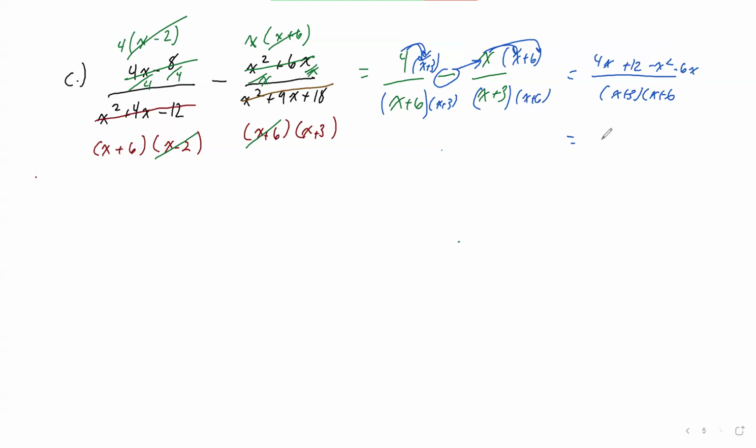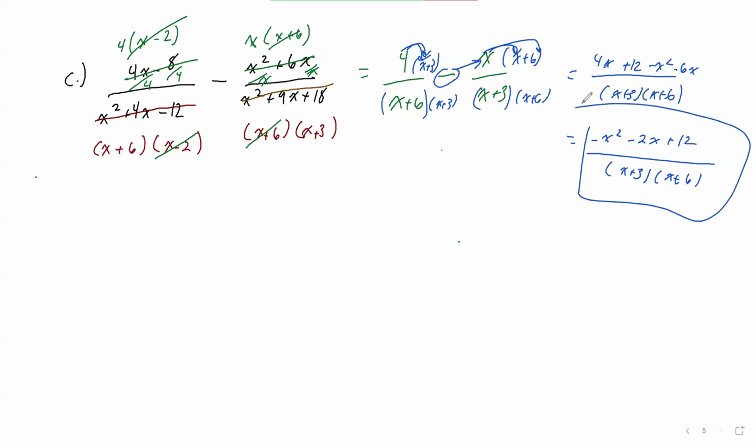So that when I combine like terms, we write the negative x squared first. But 4x minus 6x is negative 2x plus 12 over x plus 3 and x plus 6. A lot more simple when we simplify before we start working. So lessons learned. All right, let's look at part D.